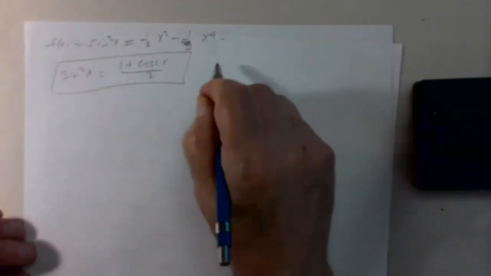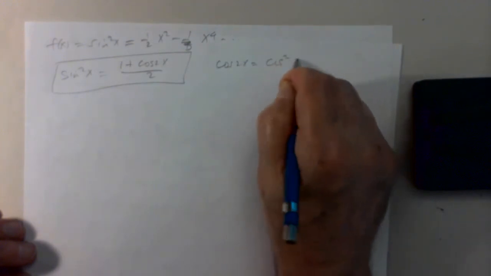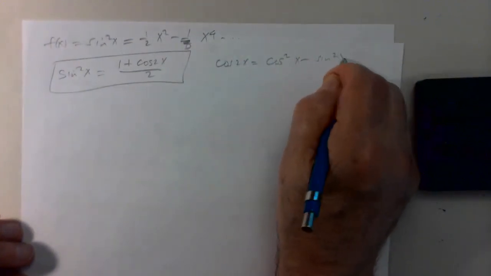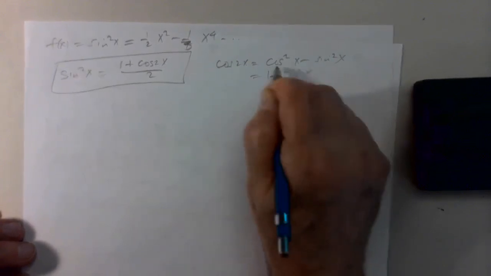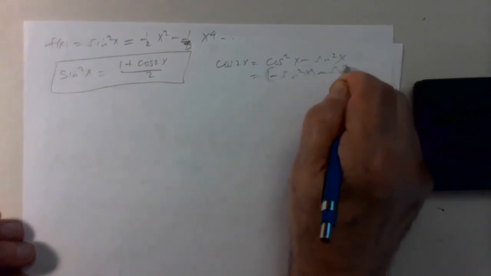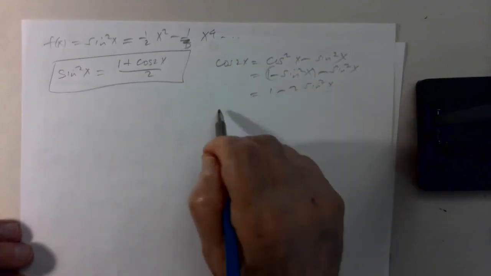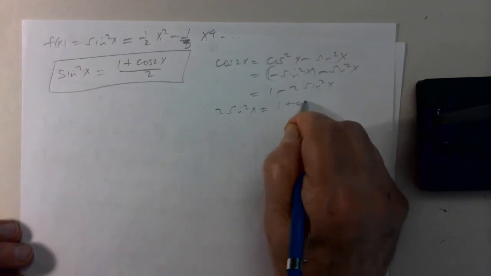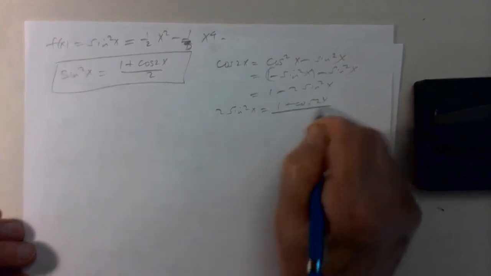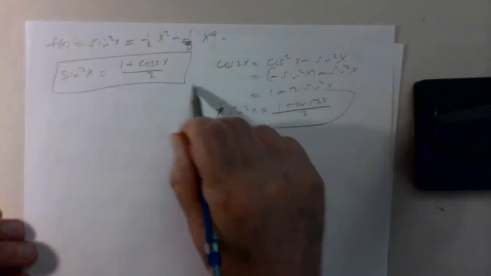Why is that? Remember, cosine 2x is cosine squared x minus sine squared x. Cosine squared x is 1 minus sine squared x, so cosine 2x is 1 minus 2 sine squared x. So 2 sine squared x is 1 plus cosine 2x. So if we divide by 2, we get this formula.